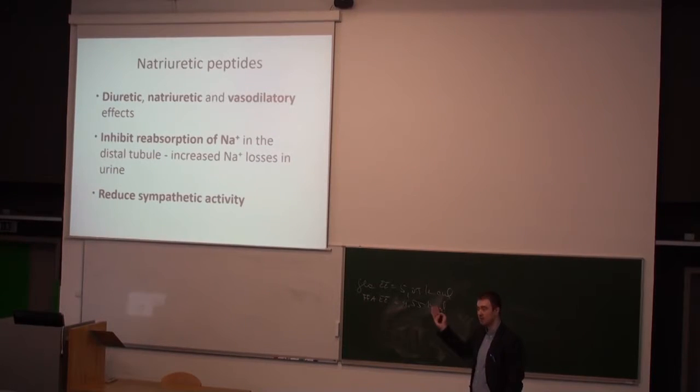These hormones do the opposite action. And since you know that angiotensin type 2 is a potent vasoconstrictor, these natriuretic peptides combine it with a vasodilatory effect, to be really opposite against the renin-angiotensin-aldosterone system.